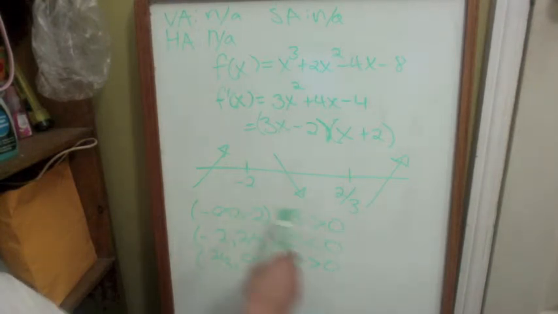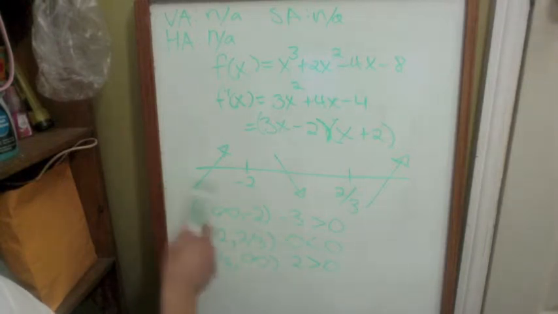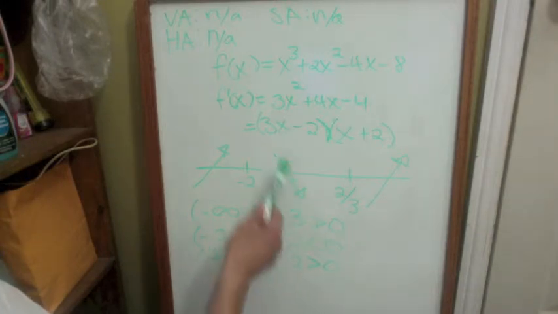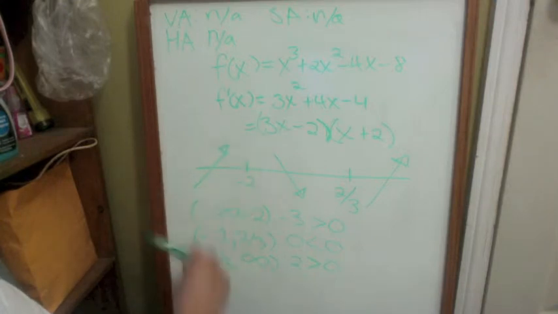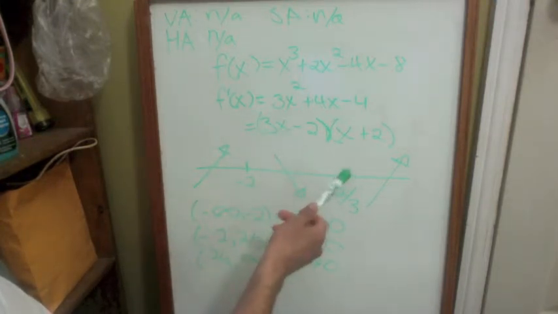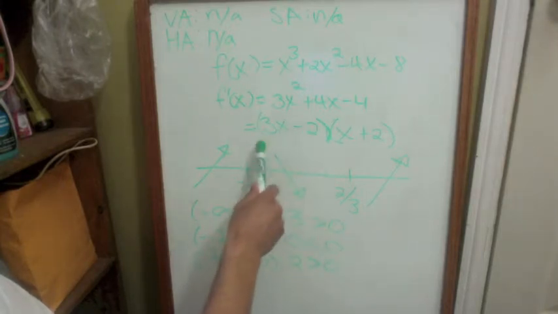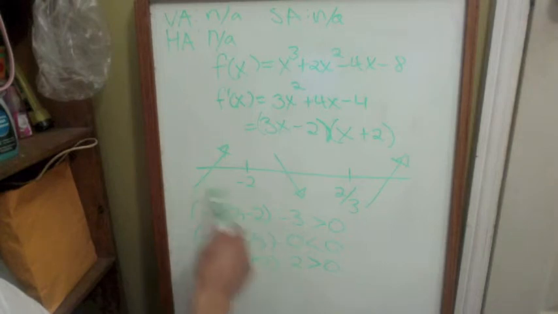Now I want to find out where it's increasing and decreasing. So I'll section everything off and see what's happening from negative infinity to negative 2. I'll use negative 3, which I'll plug into the derivative of this f of x function. I'll put a negative 3 in for x, and what results is negative times a negative, which will be positive, so we get a positive number, so it's greater than 0.